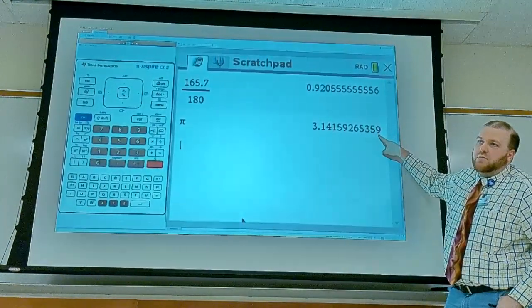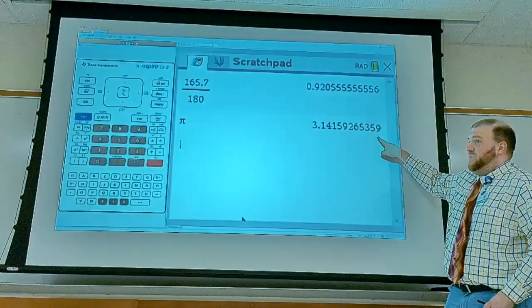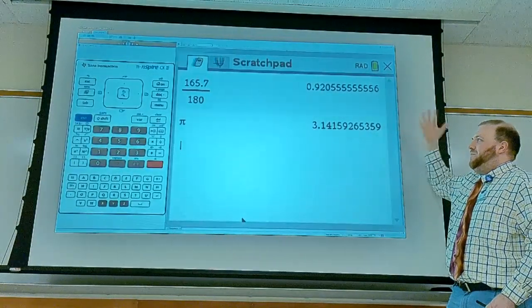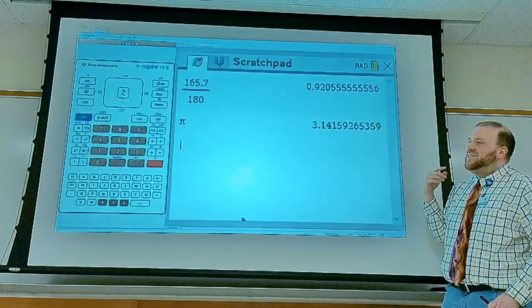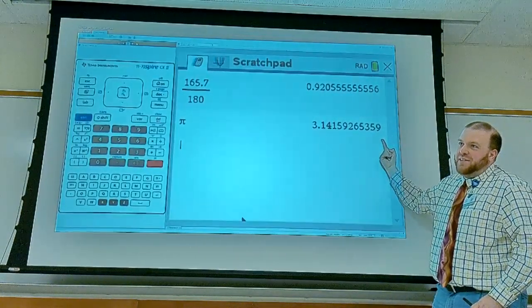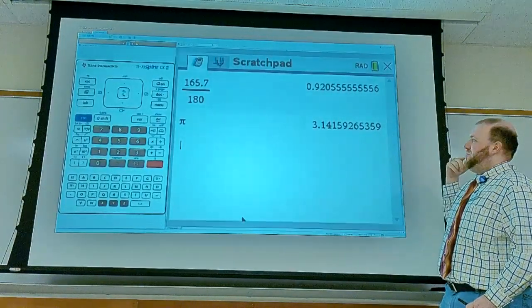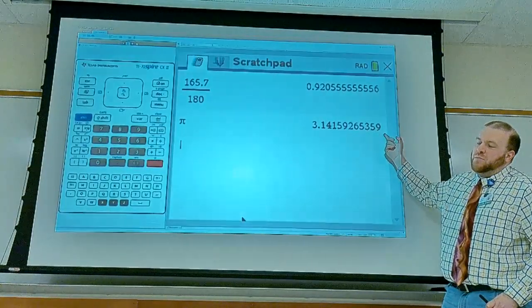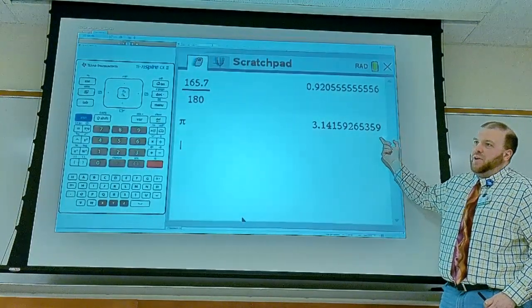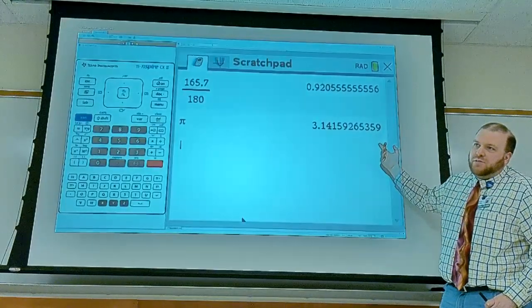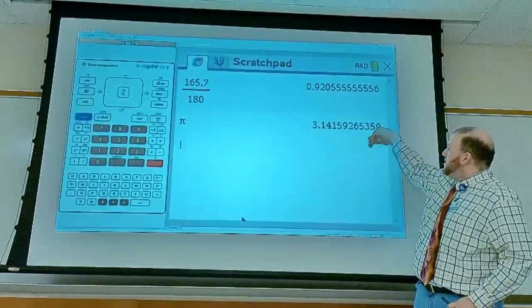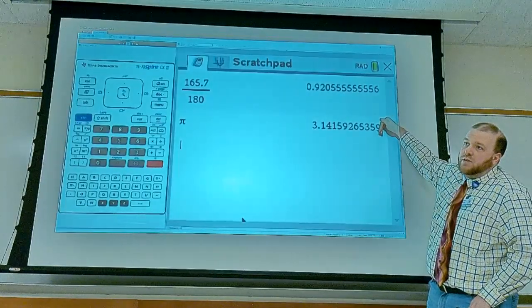That's 12 sig figs, which for this course is more than enough. For some more advanced sciences, that actually may not be enough. You may need to go out even further, in which case you're going to need a more powerful calculator, which means a computer. But this is why we want to use the pi symbol itself, because it goes out to 12 sig figs.